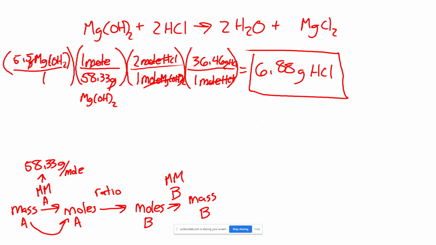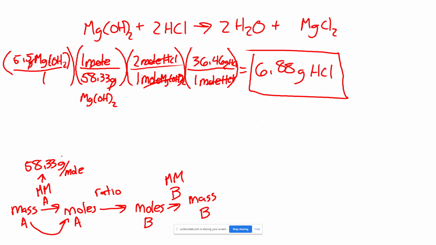So in this particular question, we weren't looking for a limiting reactant or a theoretical yield, but we could tack that on to the question. So we could try to find the theoretical yield of magnesium chloride from this.